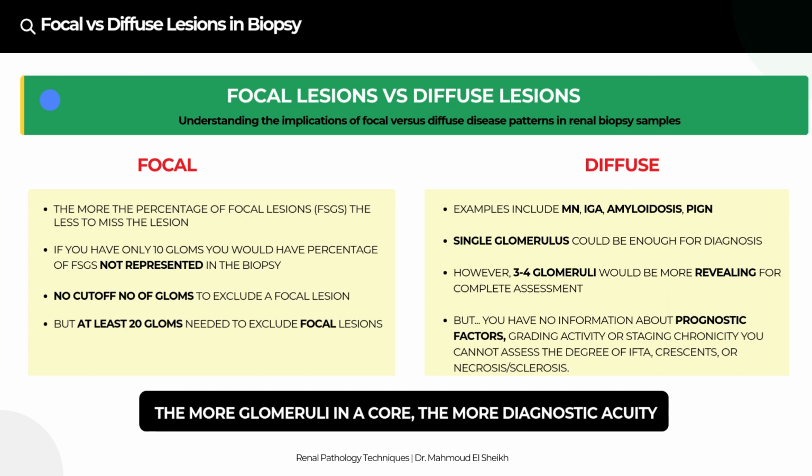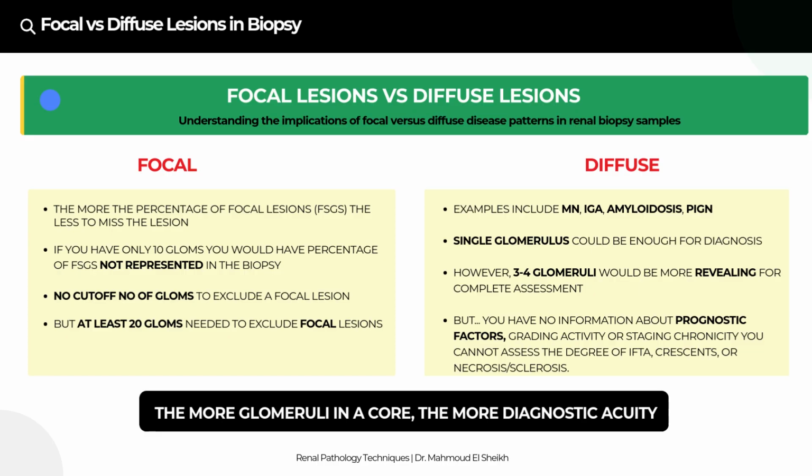Keep in mind that there is no cutoff number of gloms to exclude focal lesions, but at least 20 gloms are needed to exclude FSGS. For diffuse lesions, examples like membranous, IgA, amyloidosis, and post-infectious, a single glom could be enough for diagnosis.